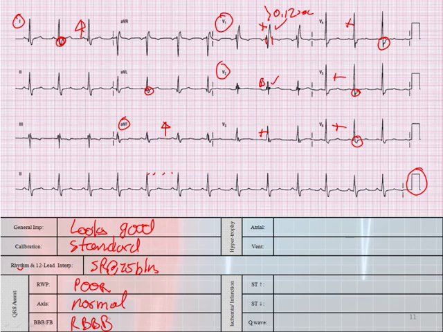So how would we interpret this 12 lead up to this point? I have a sinus rhythm at 75 beats a minute with poor R wave progression and a right bundle branch block. There we go. That would be my interpretation of this 12 lead up to this point.